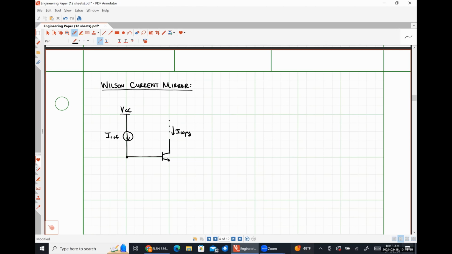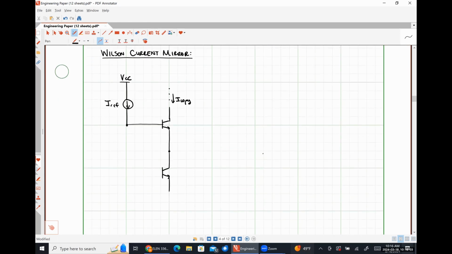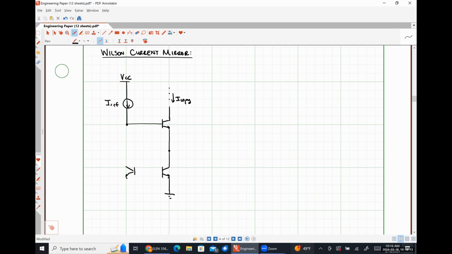Here's our copy current. And this time we're going to diode connect this side. So let's call this guy Q1, Q2, and Q3.